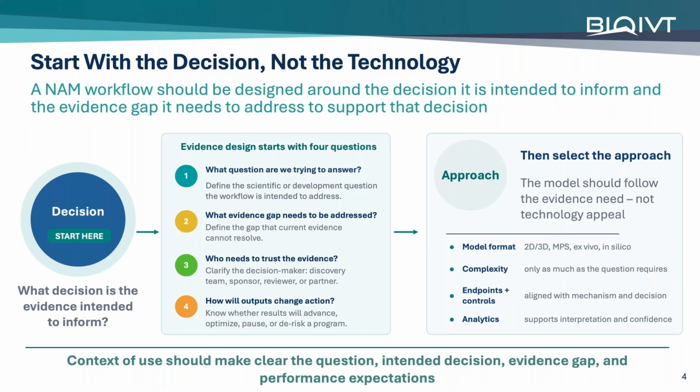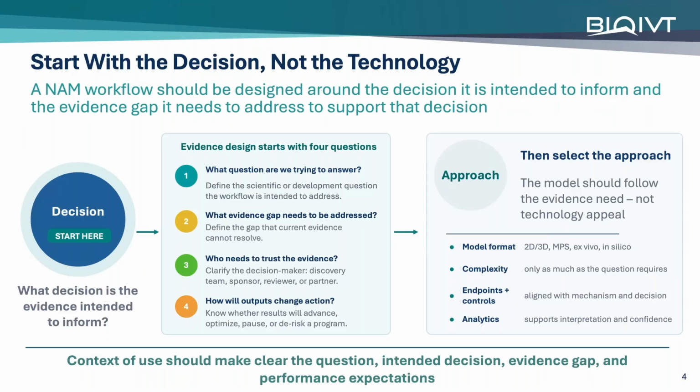That's understandable, but it's technology driven rather than question driven. The starting point should be the decision that the evidence is intended to inform. Underneath that decision is the scientific development question, and somewhere within the existing body of evidence is often one or more gaps that prevent us from answering that question with sufficient confidence.